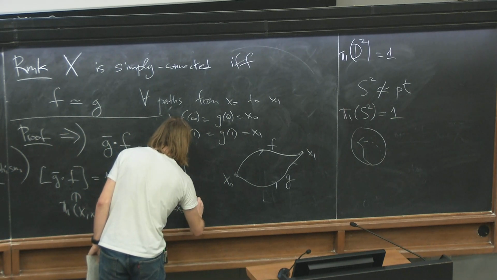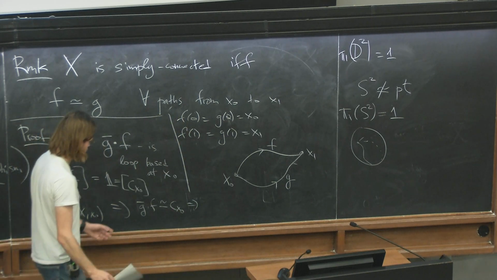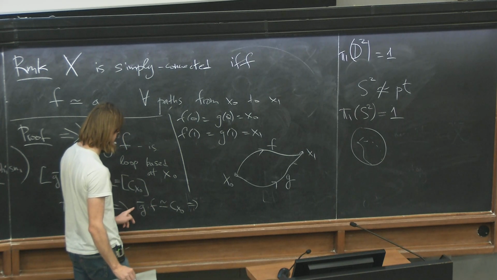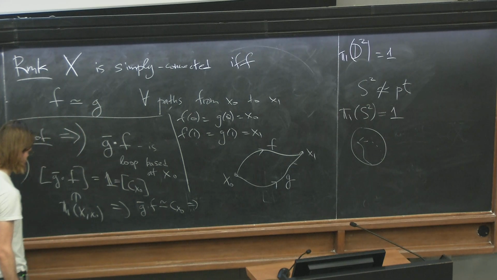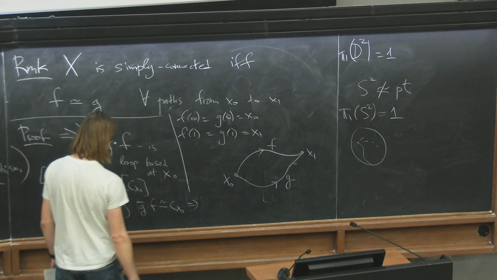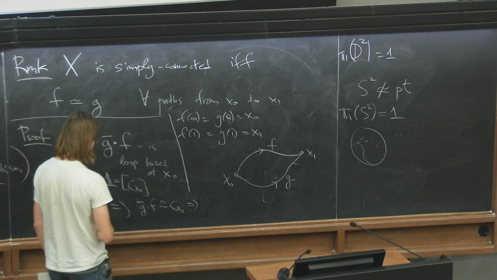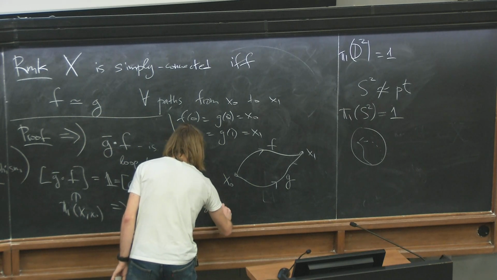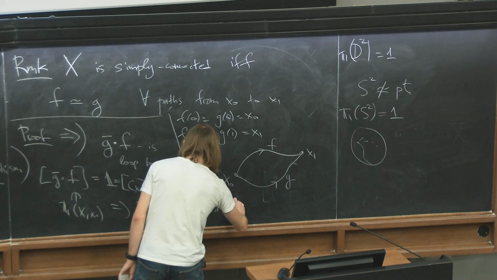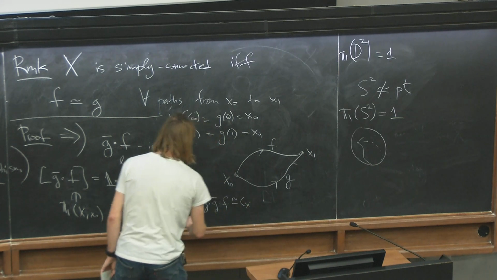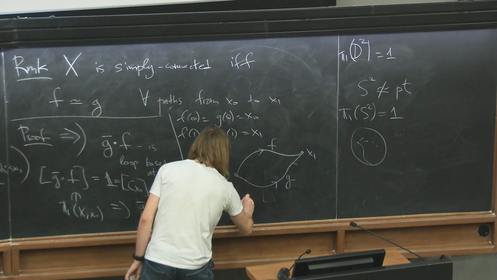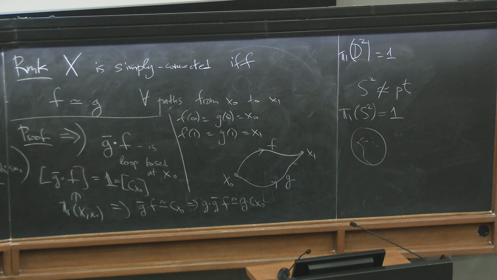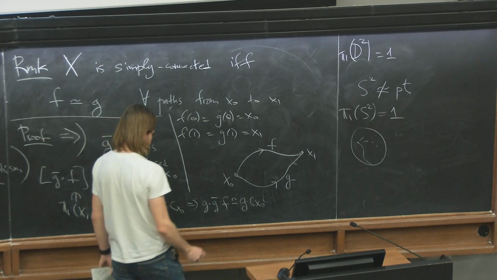So let's start with this relation. We can compose both sides with G on the left, since composition is respected by path homotopy. So we get that this is homotopic to the composition of G and the constant loop at x0.